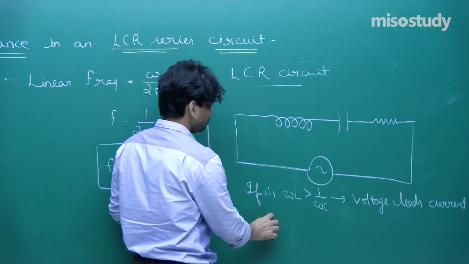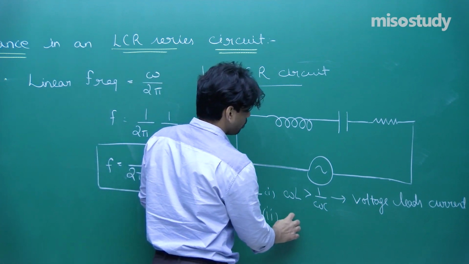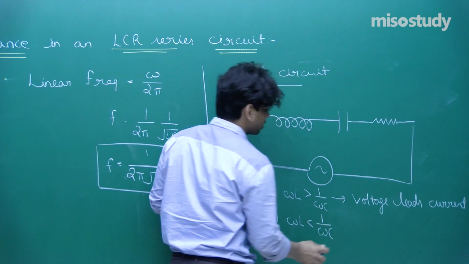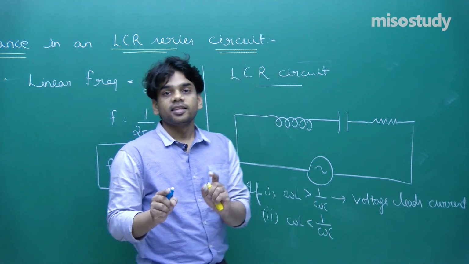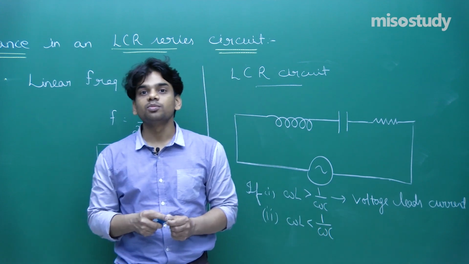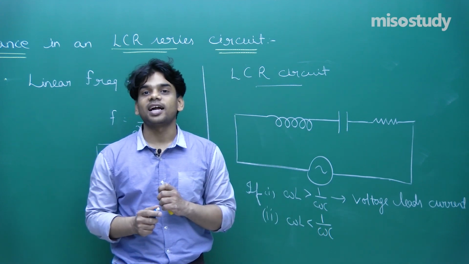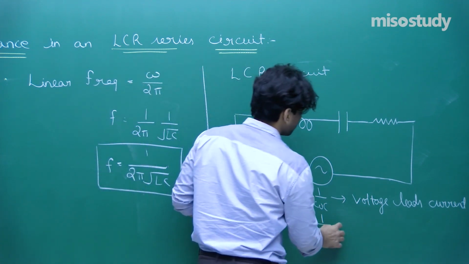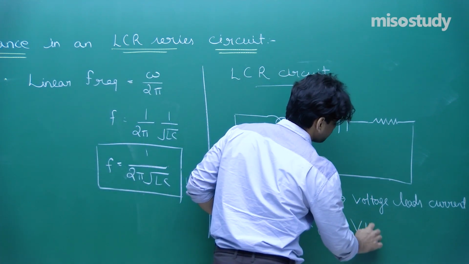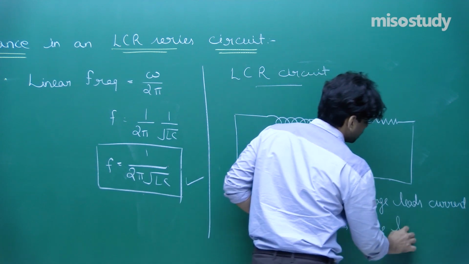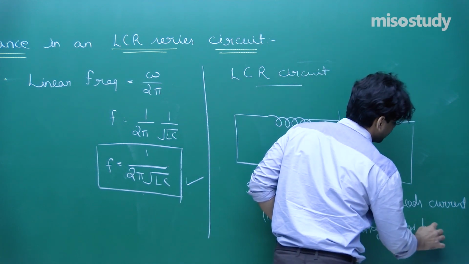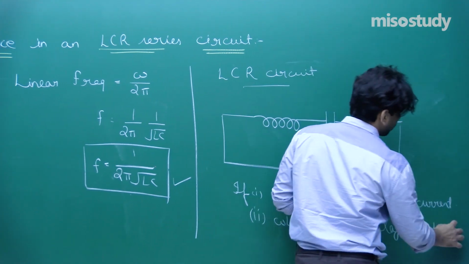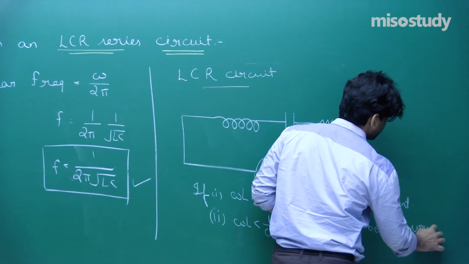Next thing you see, if omega L is less than 1 upon omega C, that is, the capacitive reactance is more than the inductive reactance, in that case, voltage is going to lag behind current. So I am going to write here voltage lags behind current, and with the phasor diagram you can easily make out what I am talking about with these points.